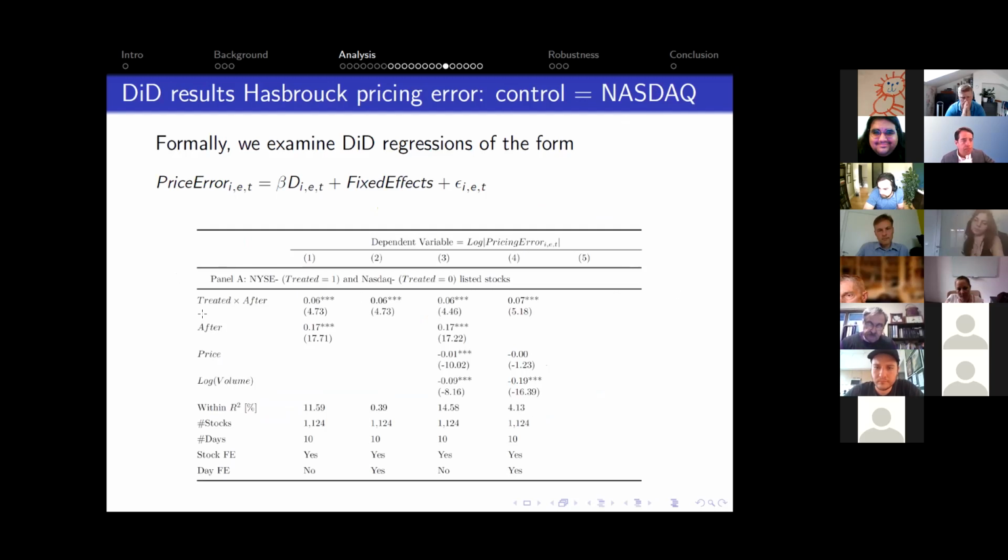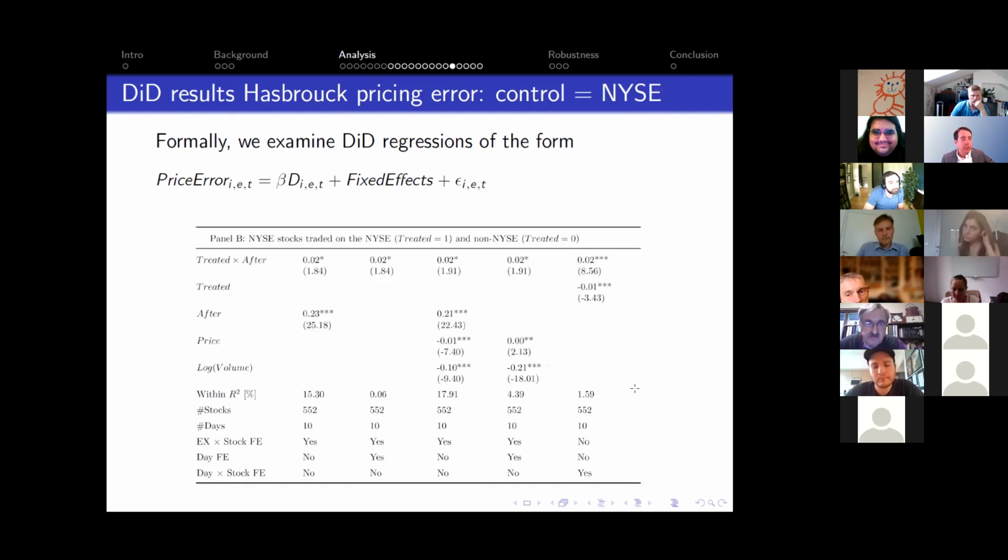And what do you see? More of exactly the same. Here we see about a 6% increase in Hasbro pricing errors for treated stocks relative to control stocks on the NASDAQ. Again, the effects are remarkably stable across different specifications. When I go to the NYSE control group, exact same thing.